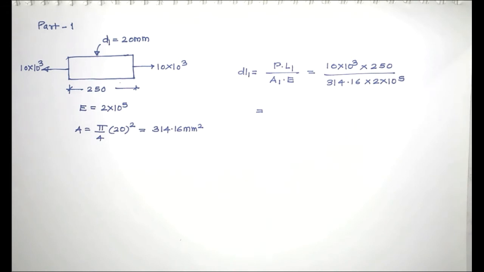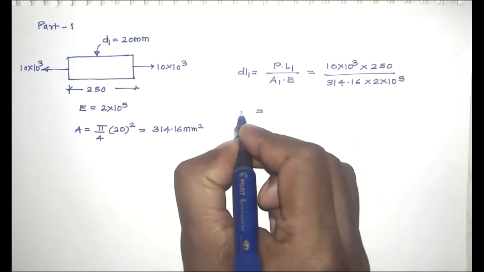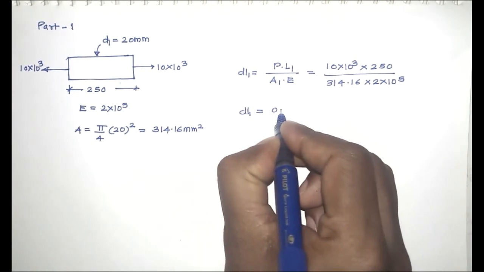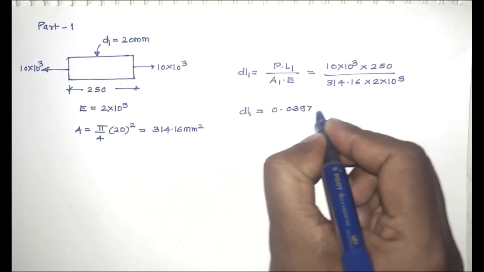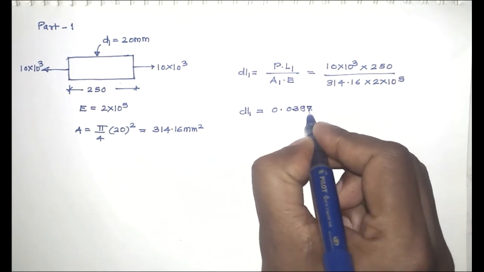I'll check once again. Okay, so you will get dl1 equals 0.0397 or 0.0398 millimeter.